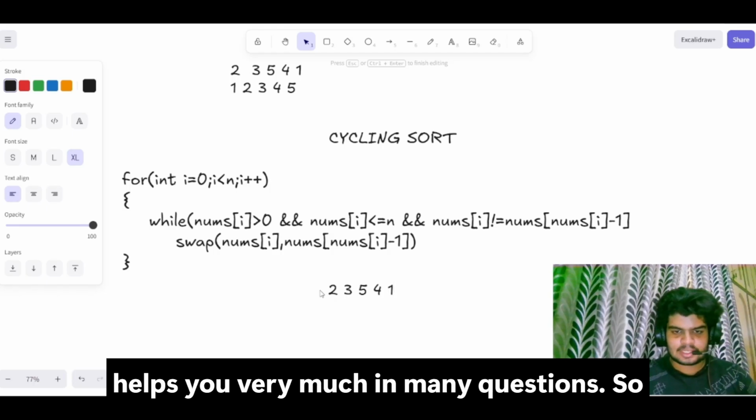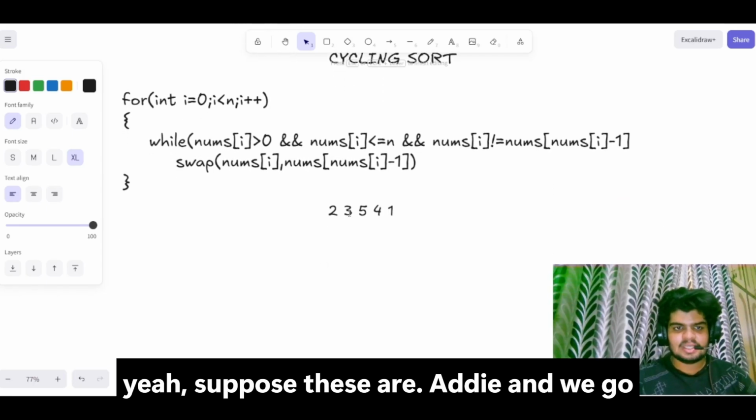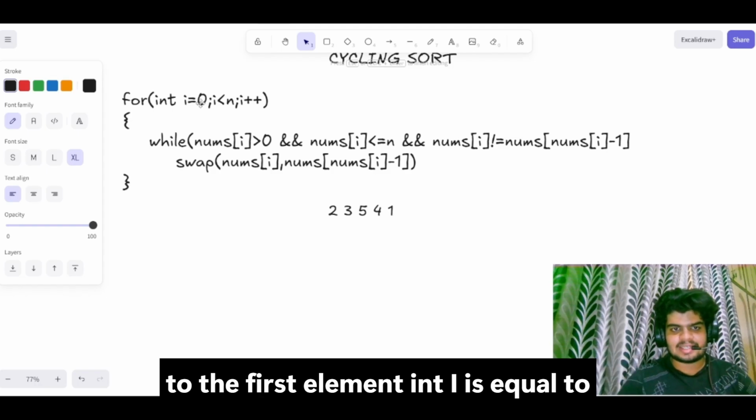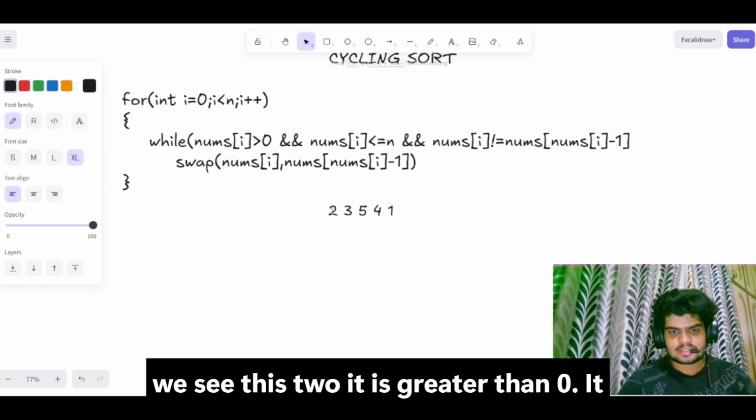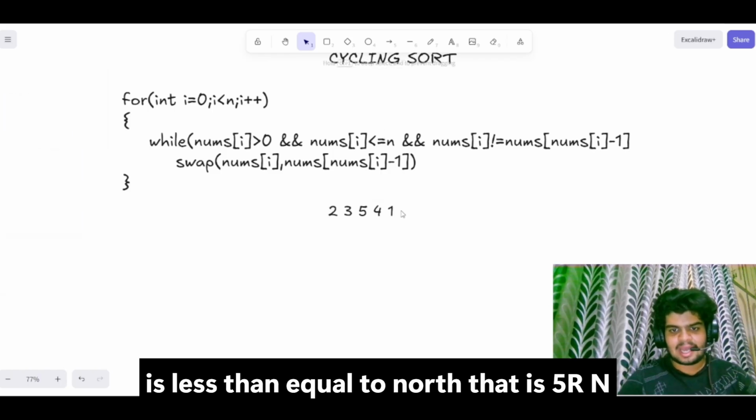So yeah, suppose this is our array, and we go to the first element, int i equals 0, i less than n. For the first element, we see this 2. It is greater than 0 and less than or equal to n, that is 5. Our n is 5.